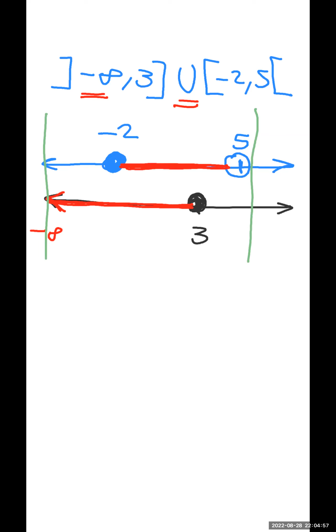Now, -infinity and 5, what am I supposed to start with? The smaller. So -infinity and 5. -infinity in this case by default is open. What about 5? Open. So it will be open also from the side of 5. Done.